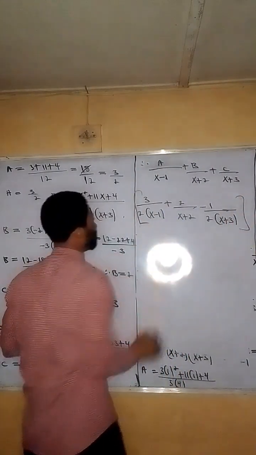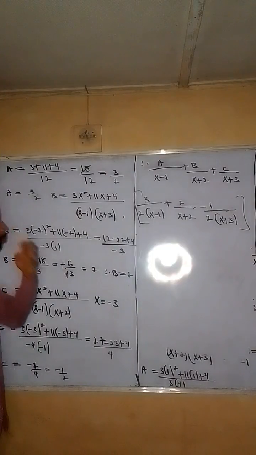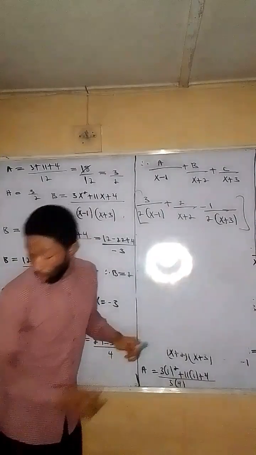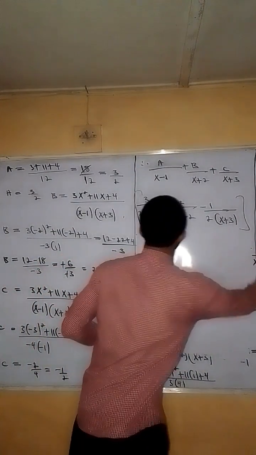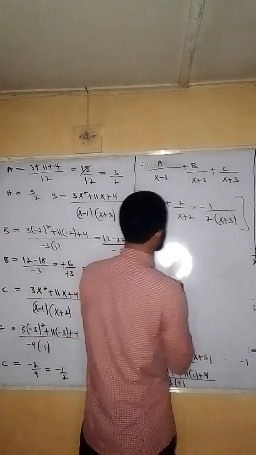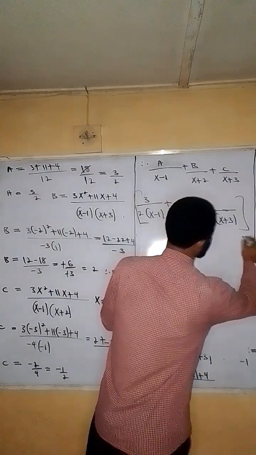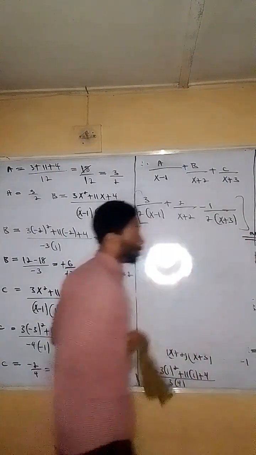So ladies and gentlemen, the partial fraction of the expression we just considered is given as 3 divided by 2 bracket s minus 1 plus 2 divided by s plus 2 minus 1 divided by 2 bracket s plus 3. So this is our partial fraction.